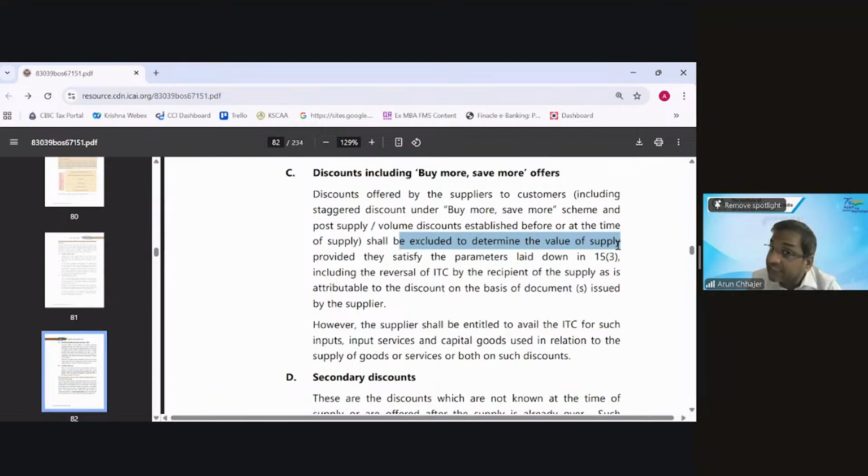If the three conditions are satisfied, then the discount amount will be excluded from the value. What does it mean? एक बात बताइए मुझे, just for my understanding purpose, just tell me one thing. If I have already raised the invoice on the full value and for the post supply discount I'm satisfying all the three conditions, then how will this be excluded from the value?